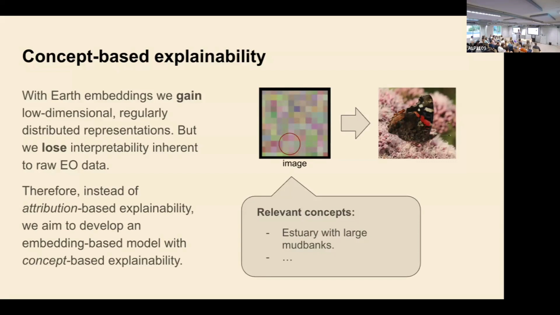And I made this slide, and then last night I realized this is, I think, in English, I've read admirable butterfly. I don't think they're particularly correlated to mud banks, but the idea is, can we somehow use language to query what's in these embeddings and attribute that to the prediction?